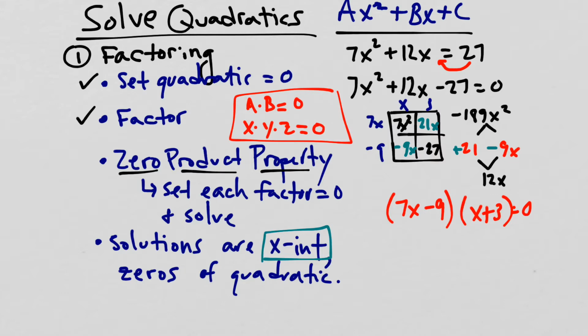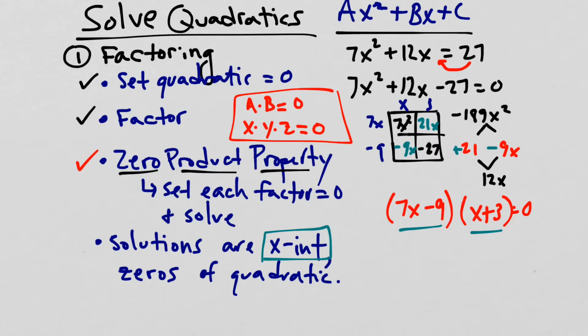So that's what this is saying. I have 2 parentheses in this case, 7x minus 9 and x plus 3. If the product is 0, then one of them has to be 0. So what we're going to do is set each of these equal to 0.